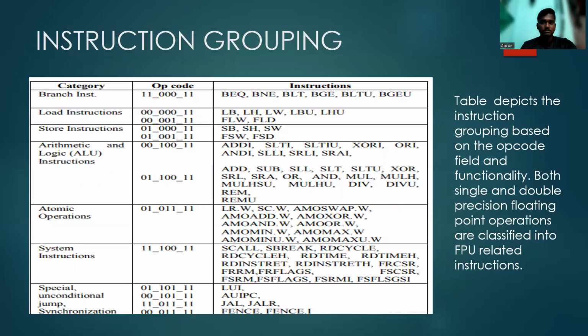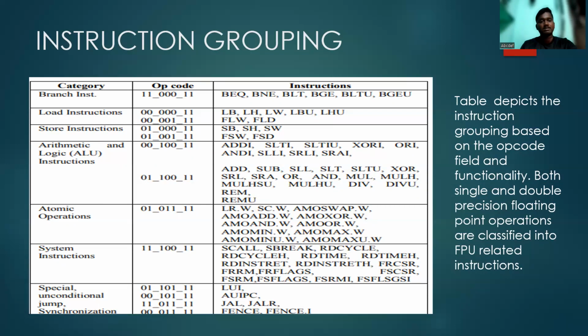Instruction grouping. In this, there are several categories and opcodes and instructions related to the different categories. First one is the branch instruction, the second one is load instruction, and the other one is the store instructions, ALU instructions, atomic operations, system instruction, special unconditional jump, synchronization.